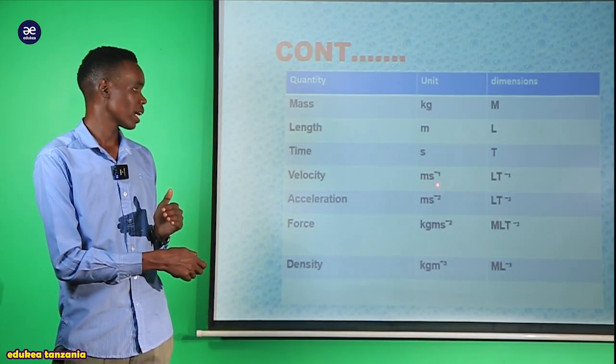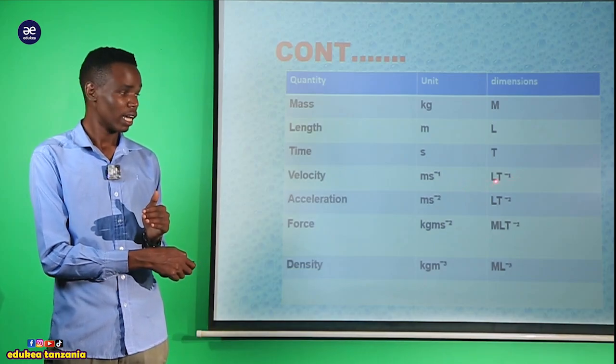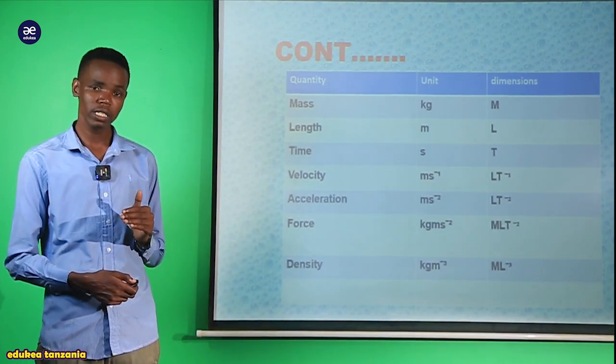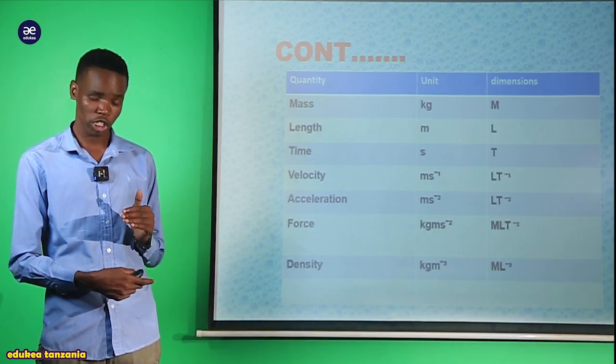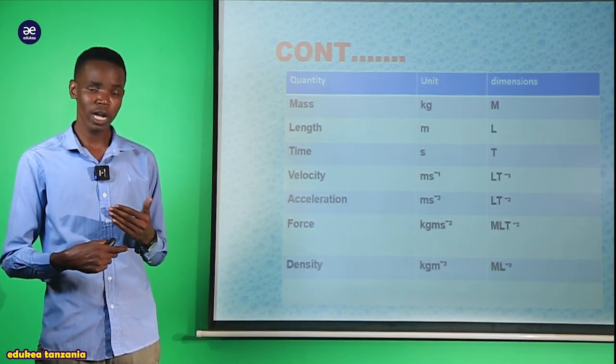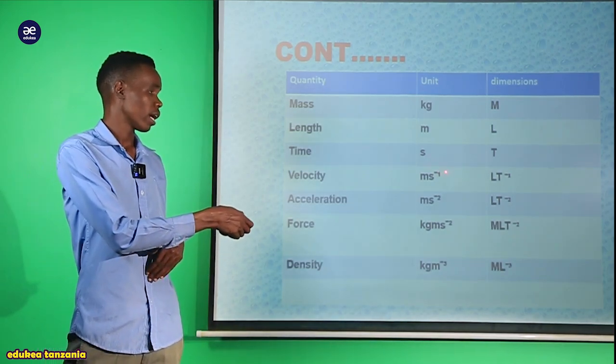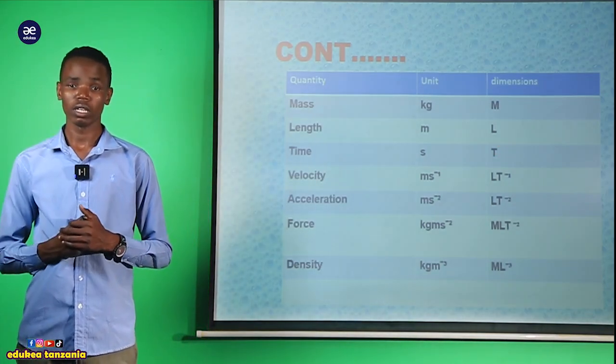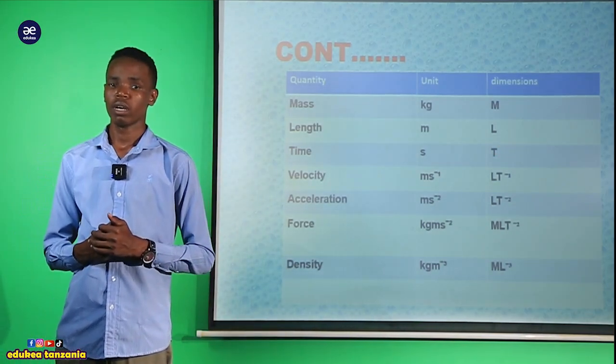Hii tumeweka ni meter s power -1, lakini hii hapa ni meter per second because this second is iko chini, is below. Kwa tunachokifanya tunaipandisha juu, inakuwa na negative hapo, inakuwa ni s negative, ni meter per second.